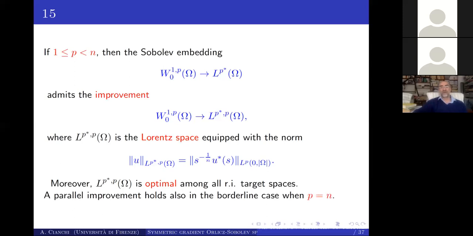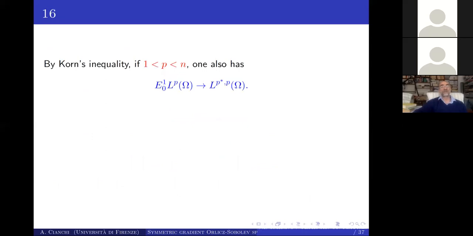Now, I will not mention it here, but there is a similar improvement of this embedding also in the borderline case where p is n. Now, let's go to symmetric spaces. If p is strictly between 1 and n, then because of the identity of this space and the full gradient space, this embedding is still true.